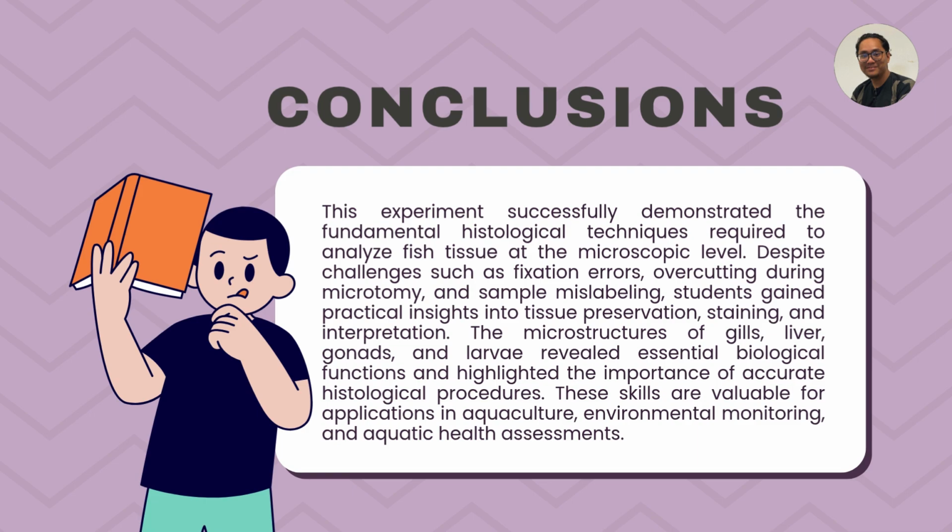The microstructure of gills, liver, gonads, and larvae revealed essential biological function and highlighted the importance of accurate histological procedures. These skills are valuable for application in aquaculture, environmental monitoring, and aquatic health assessments.